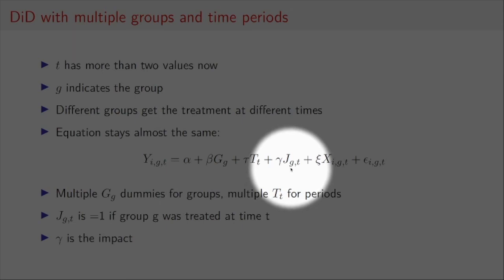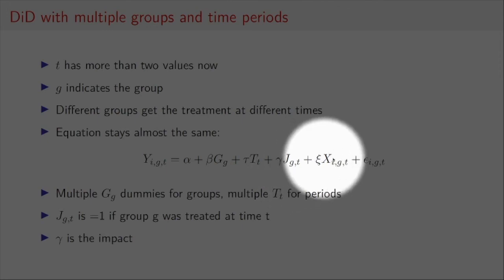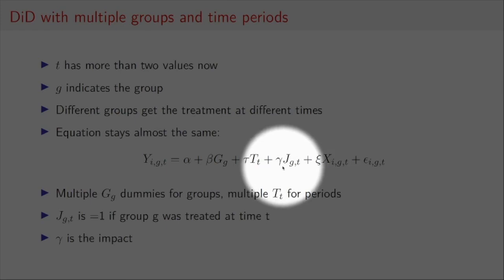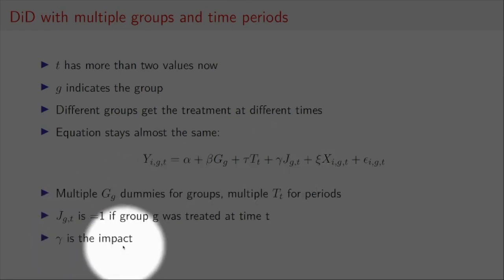They are equal to 1 for a given group in a given time period if they were treated at that period. So they are like this interaction term, but now you have many, many of them. And of course, they're equal to 0 for everybody else in every other time period. Of course, you can add covariates here, again, the X_igt if you want. But again, in this specification, it is this gamma on these interaction terms that gives us the diff-in-diff impact.